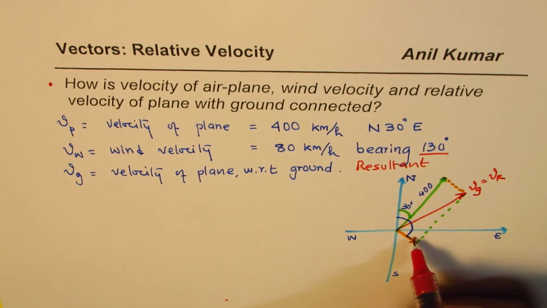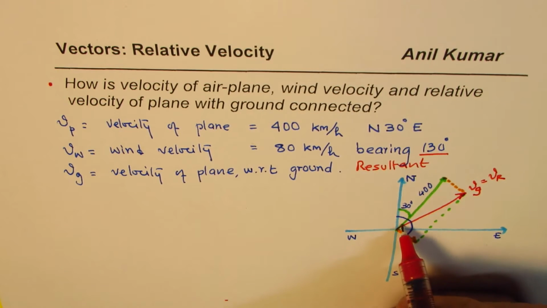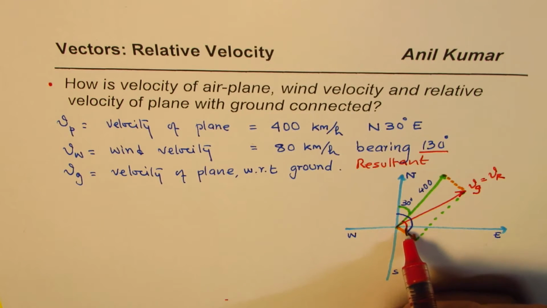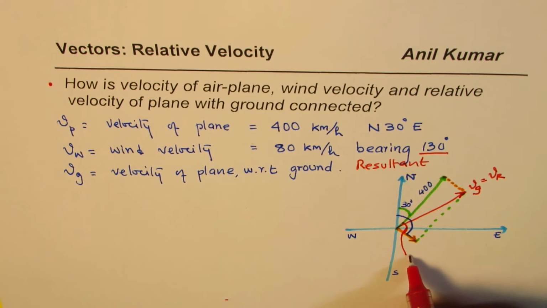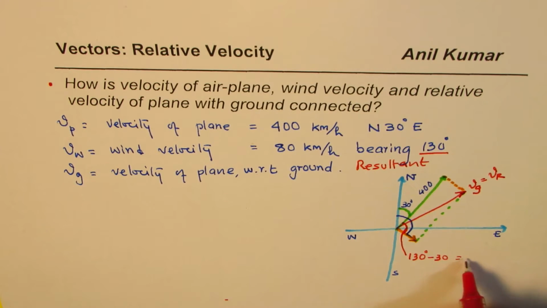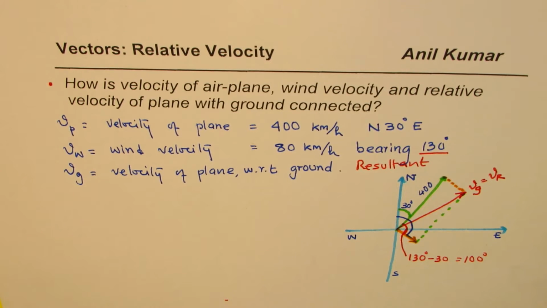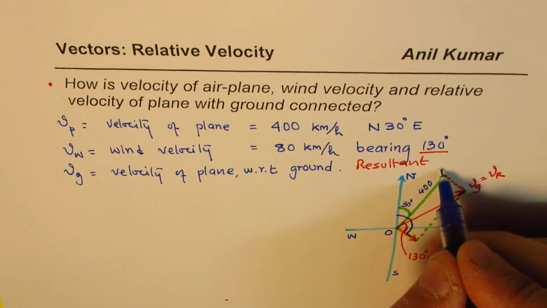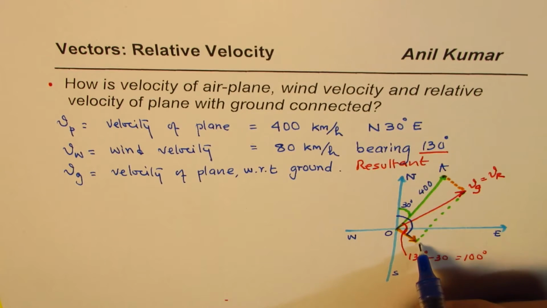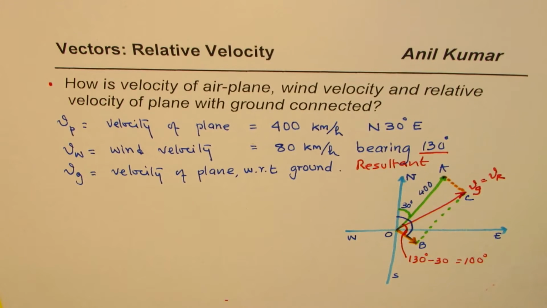So we know this whole thing is 130, and this part here will be how much? 130 take away 30 degrees, correct? Which is 100 degrees. Is it okay? So this part is 100 degrees. Or let's put some A, B, and let's say this is C. Okay, now it becomes easier to express.